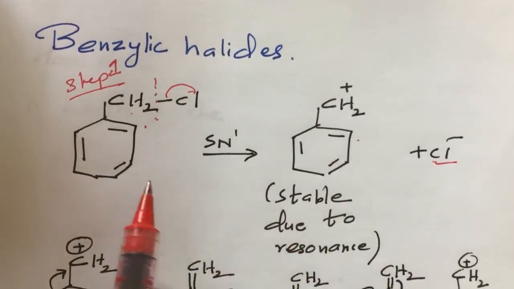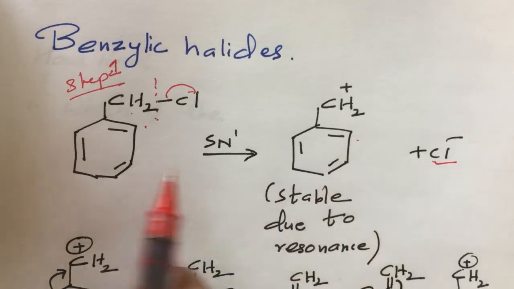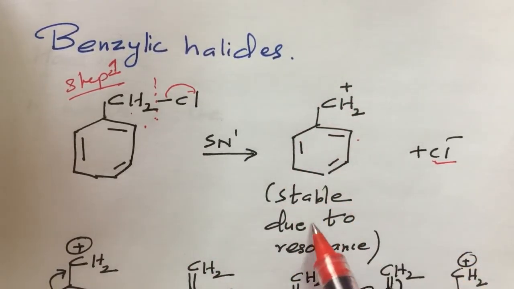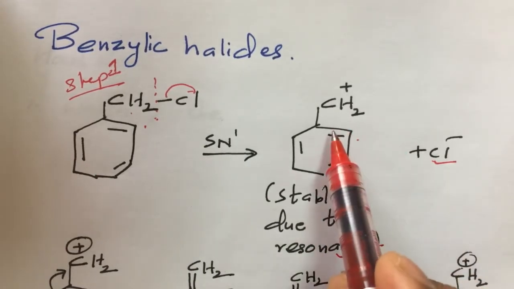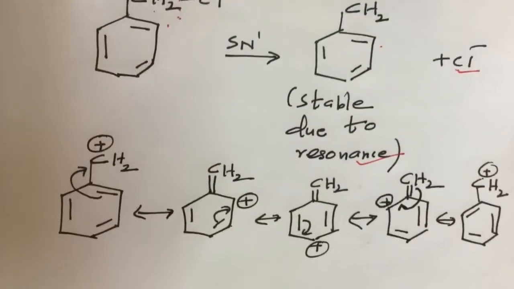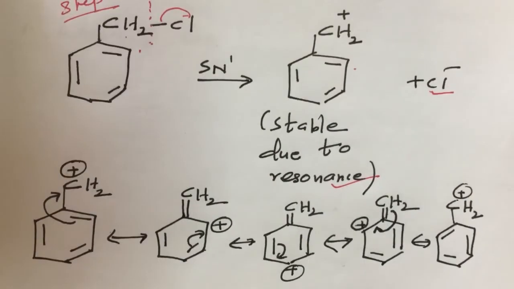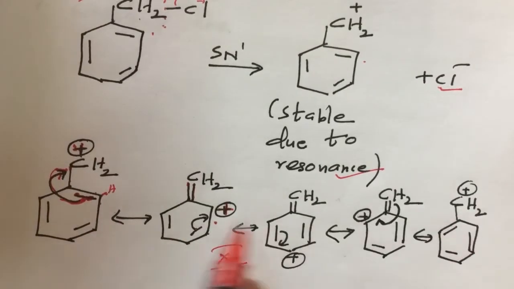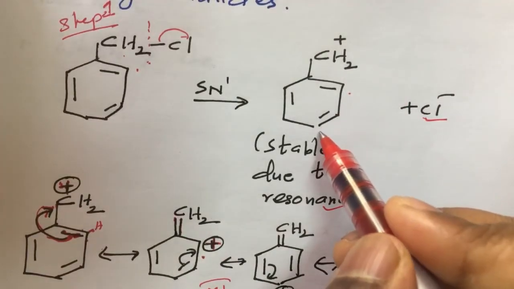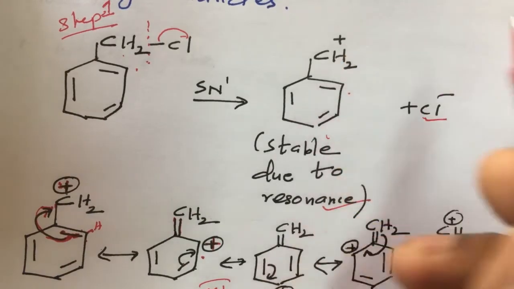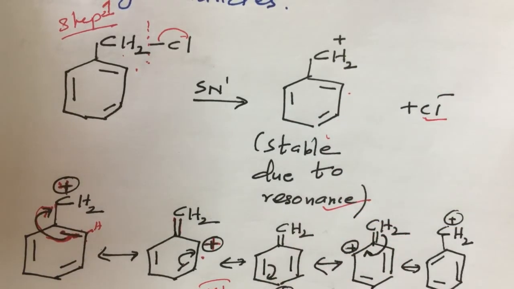Step 1 is favorable because the resultant carbocation is stable due to resonance, just like the allylic carbocation. Let's see the resonating structures of the carbocation. So due to this resonance, the intermediate carbocation is stable, and this carbocation will react with the nucleophile to form the final substitution product.